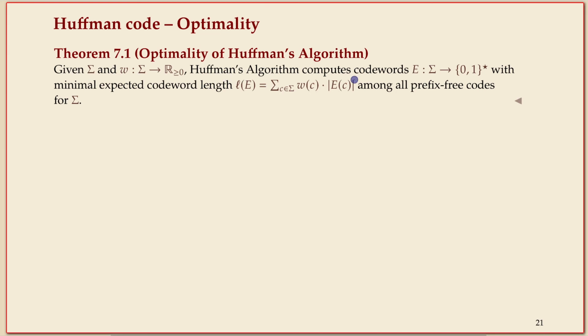Then the statement is that Huffman's algorithm computes code words that minimize this expression, the same expression as before. I'll abbreviate it with L of E because it will appear in the proof many times. We sum over all the characters the length of the code word times the weight of that character. That's what we want to minimize, and we minimize it among all possible prefix-free codes for this alphabet. So as long as you insist on a code that encodes one character at a time, Huffman gives you the best possible way to do that.